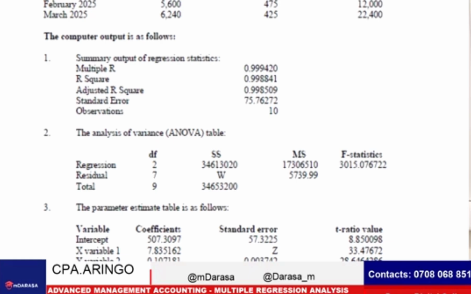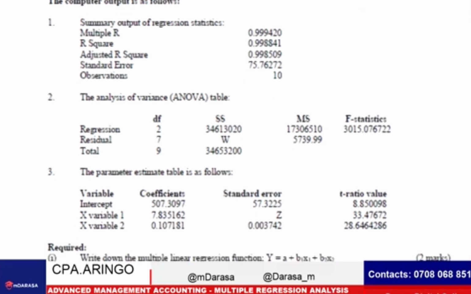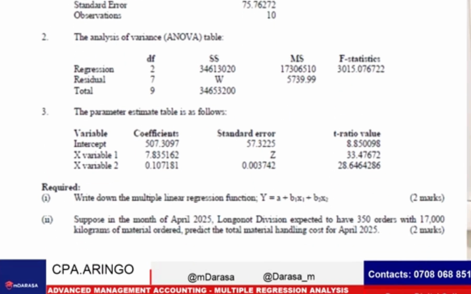These are elements we did earlier in regard to the appraisal of regression analysis. We also have the analysis of variance, where you're given degrees of freedom, sum of squares, mean square, and the F statistic. The parameters estimate table is as follows.